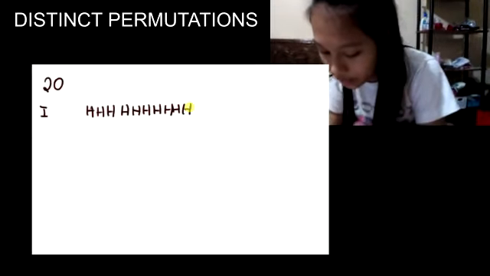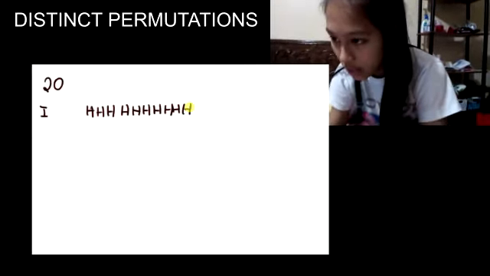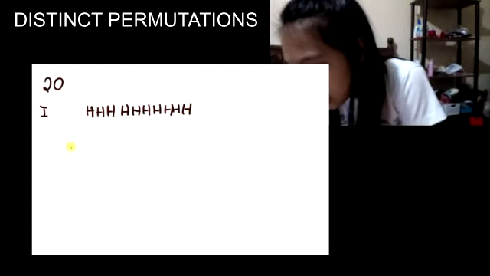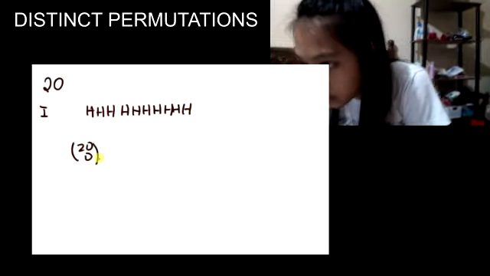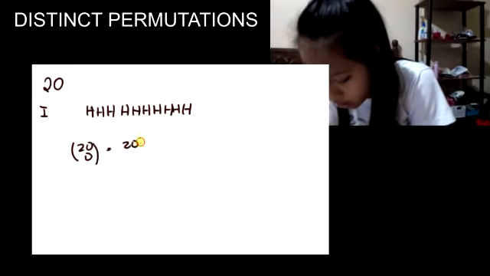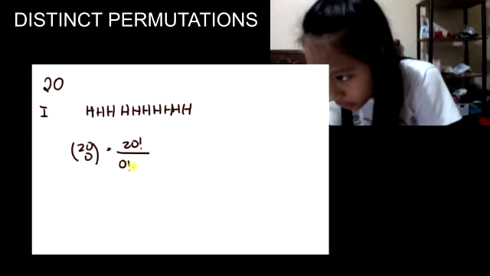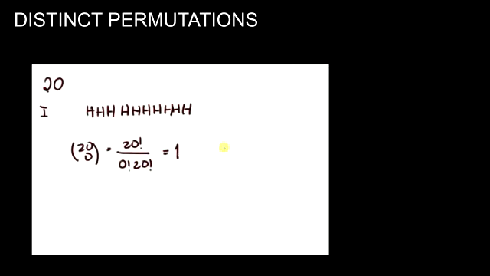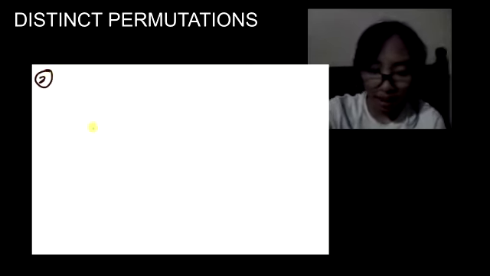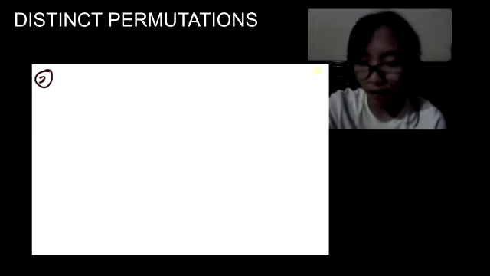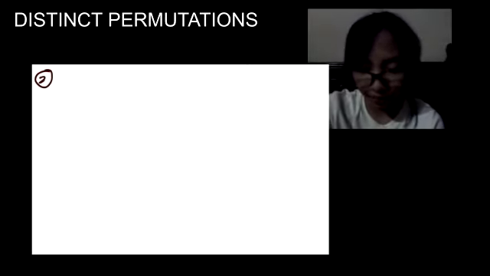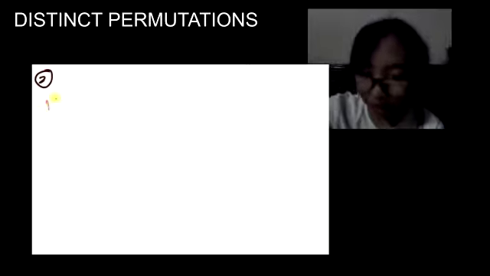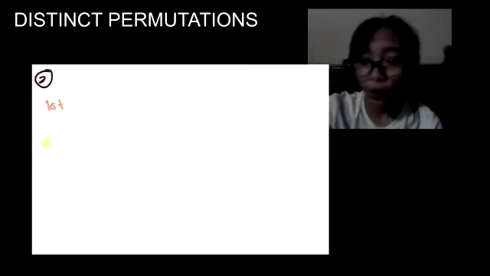Alternatively, we could use the formula for counting distinguishable permutations. The formula yields 20 choose 0 is equal to 20 factorial over 0 factorial times 20 factorial, which is equal to 1. So, in line with that, how many arrangements are there of the 20 people that involve one person ill? I think we can readily convince ourselves that there are 20 ways.